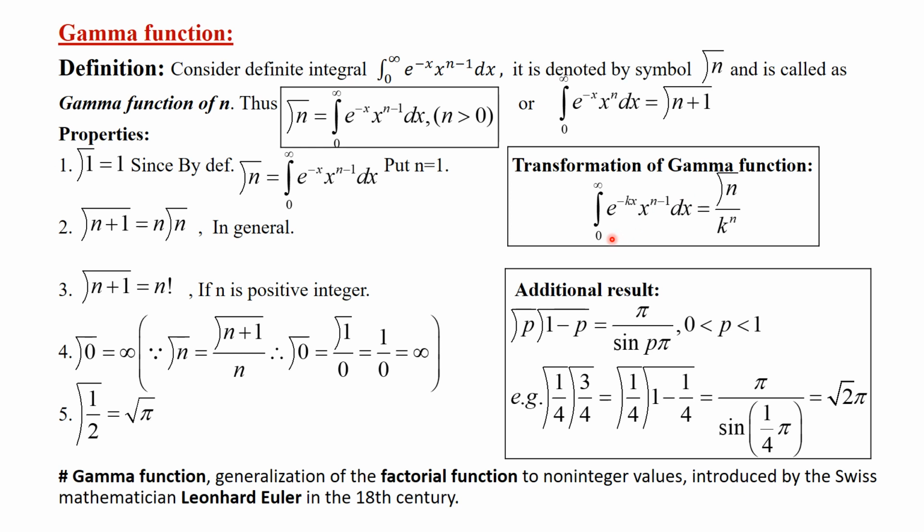The integral from 0 to infinity of e raised to minus kx, x raised to n minus 1 dx. Actually our term must be in the form e raised to minus x and x raised to n minus 1; due to this k factor, a change occurs.